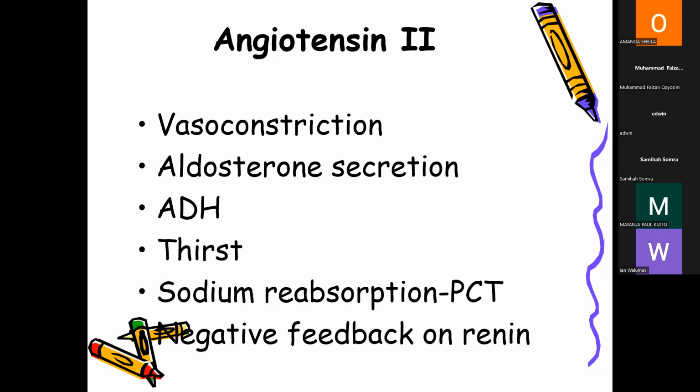Once those aquaporin 2 channels are created, water will move from a region of high concentration to a region of low concentration, and always because the medulla is concentrated, water will move from the lumen of the collecting duct into the interstitium of the medulla, and that is reabsorption, so that you end up with concentrated urine, and most of the water is reabsorbed to go back and support the blood pressure that is low.